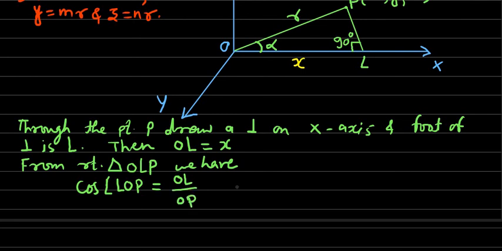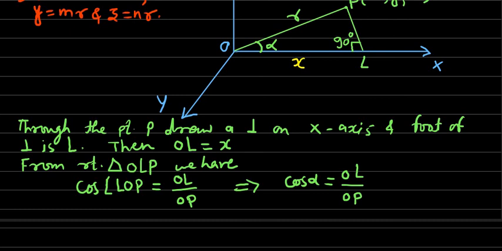Now what does this mean? The cosine of the angle LOP is nothing but cos alpha, because we have considered that the angle LOP is equal to alpha. So we get cos alpha is equal to OL upon OP. But what is the length OL?